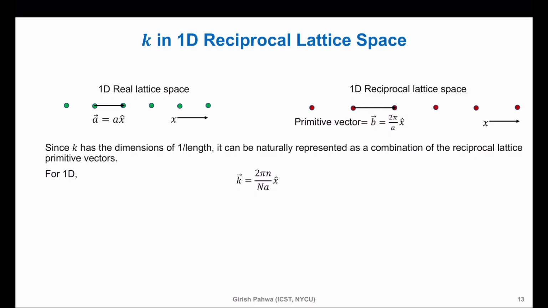So what's the relationship between k and b? It is this: k is equal to n by capital N times b. So it can be directly related to the reciprocal lattice vector. Here n is any integer and capital N is the number of atoms.